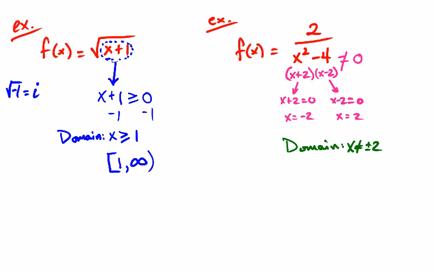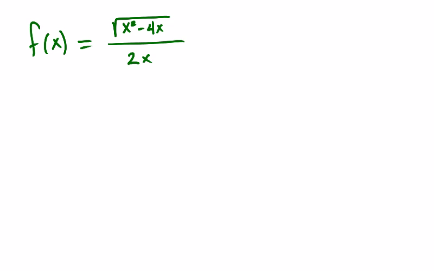Let's look at one last example that could be a little crazy, like something from the homework that we've looked at. f of x is the square root of x squared minus 4x, over 2x.